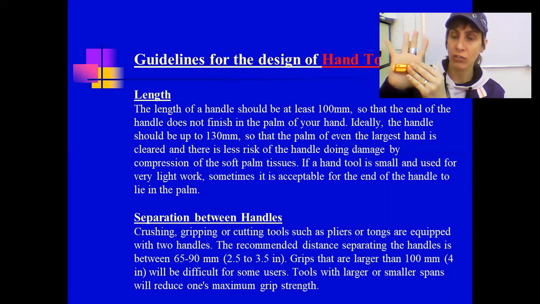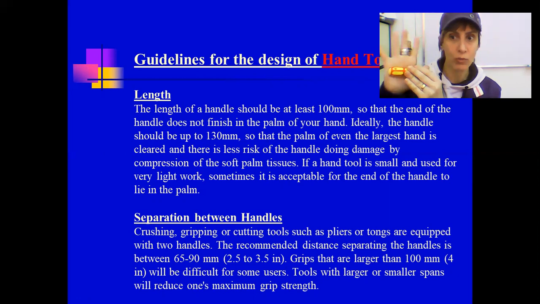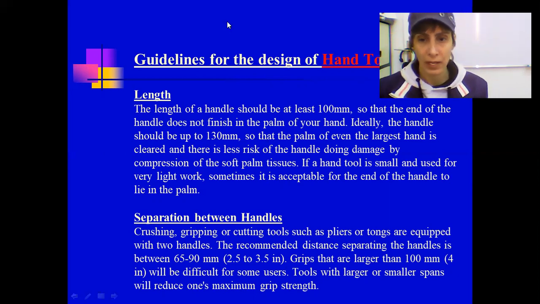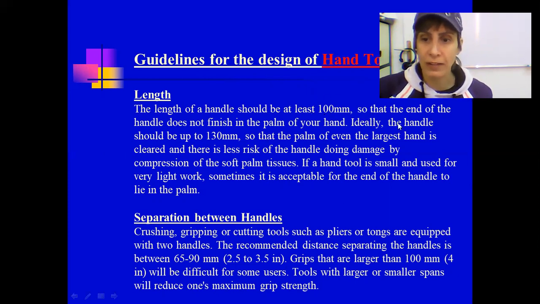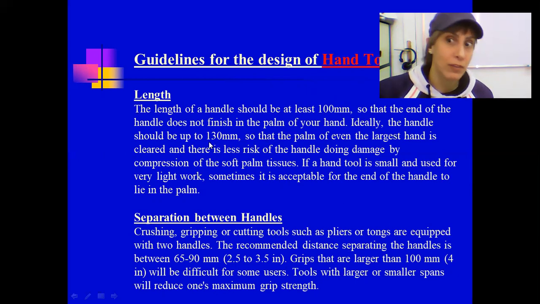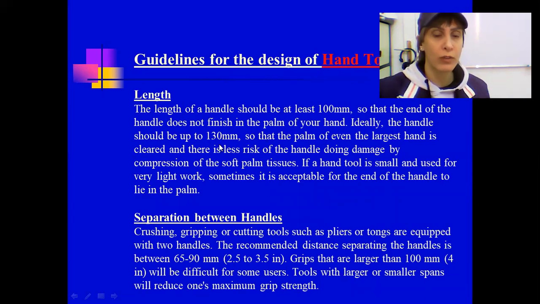To be more comfortable, it should be a little longer. Ideally, 10 centimeter is the least, but in a better design, the handle should be up to 13 centimeter. This will be even more comfortable for most hand tools.